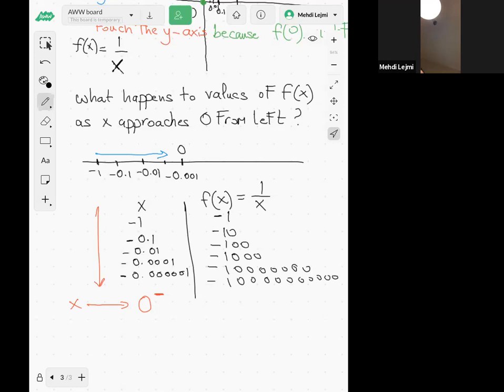So the values of f of x are approaching -infinity.